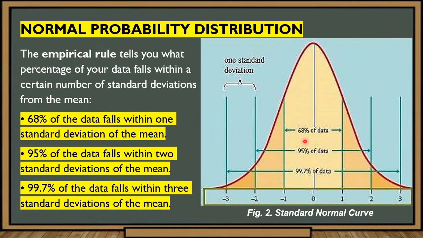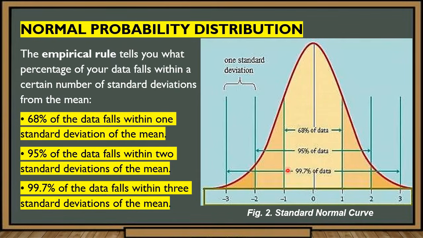Next is 99.7% of the data falls within 3 standard deviations of the mean. From the mean, we count 3 standard deviations to the right or to the left: 0, 1, 2, 3. Same with the left: 0, negative 1, negative 2, and negative 3. So from negative 3 to positive 3, just follow the arrow.